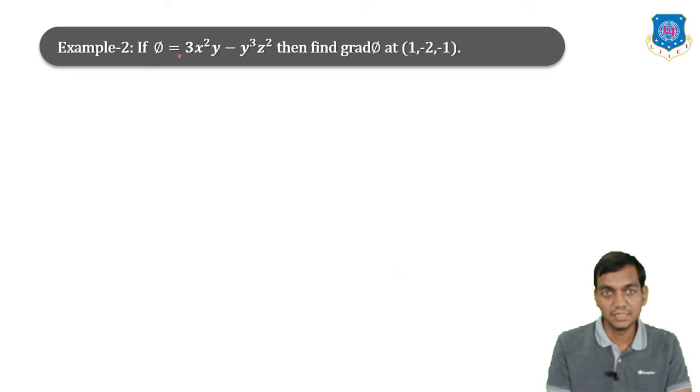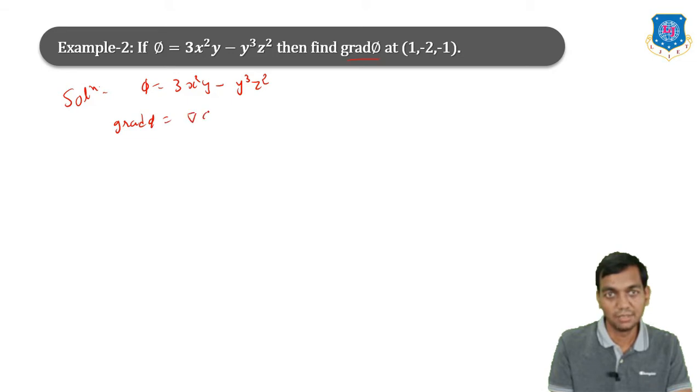Second example, phi is equal to this, then find the grad phi at a point. So again, the solution will be the same as before. Here phi is equal to 3x square y minus y cube z square. So grad phi, or you can say nebula phi, is equal to del phi by del x into i plus del phi by del y into j plus del phi by del z into k.